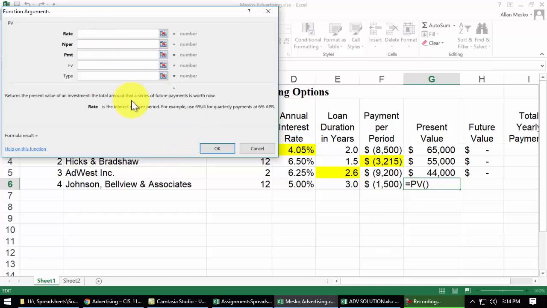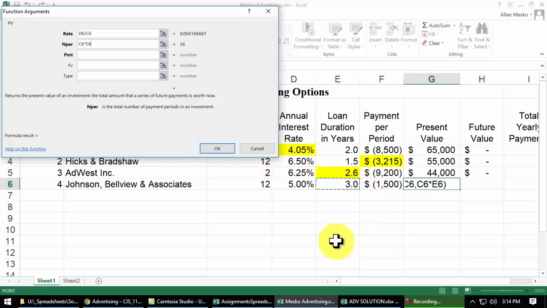The rate, again, is the interest rate per period, not the annual rate. So it's the annual rate divided by the number of periods. The number of periods is this. I'm sorry, number of periods per year. We want the total number, so it's this per year times how many years?